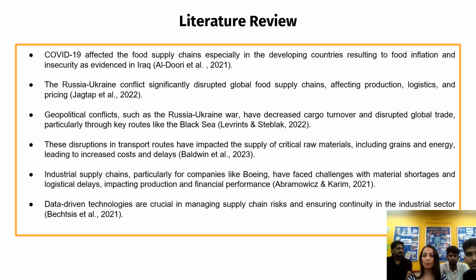In addition to the pandemic, the Russia-Ukraine conflict has had a profound impact on global food supply chains, affecting production, logistics, and pricing. Geopolitical tensions have led to decreased cargo turnover and disrupted global trade, particularly through critical routes such as the Black Sea. These disruptions have also impacted the supply chain of critical raw materials including grains and energy, leading to increased cost and delays.